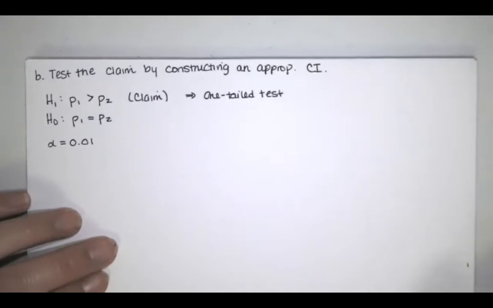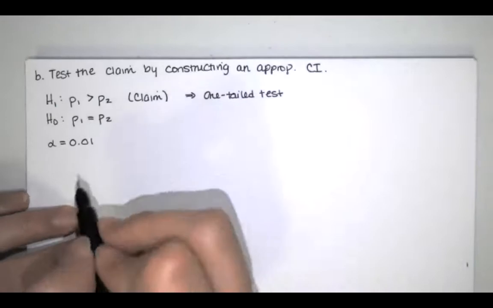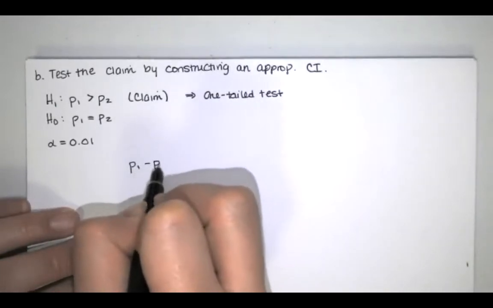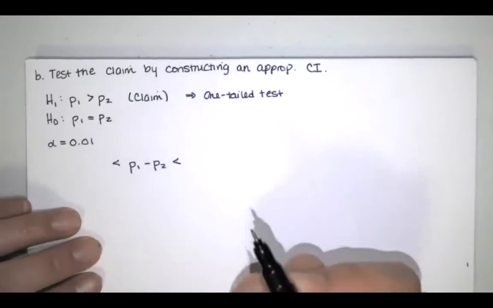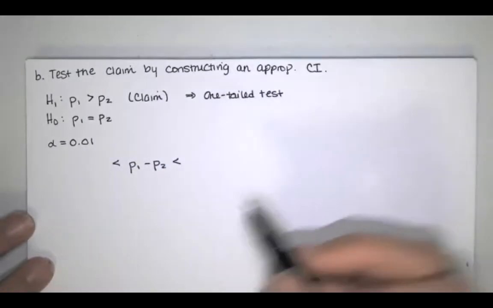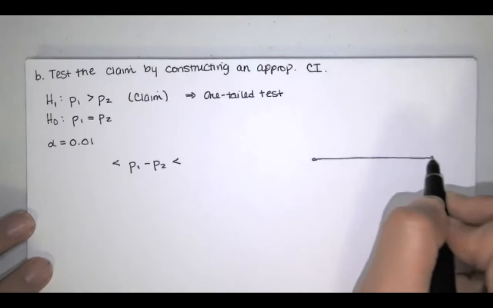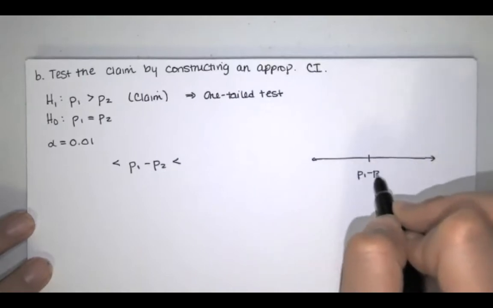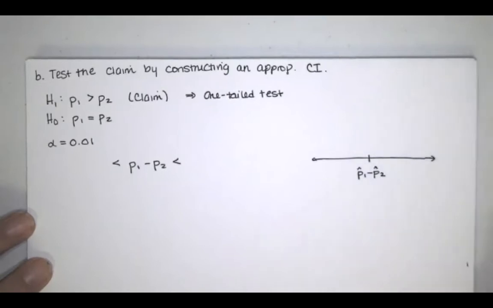Okay, so we want to construct an appropriate confidence interval, and we know that our confidence interval is going to have this form. We're looking for a confidence interval for that difference between P1 and P2. That confidence interval is always centered at our best point estimate, which in this case is P1 hat minus P2 hat.